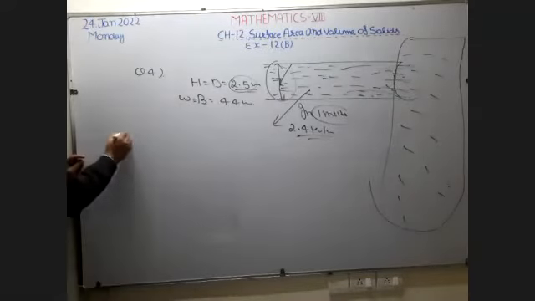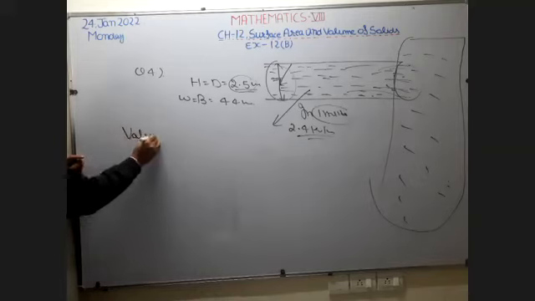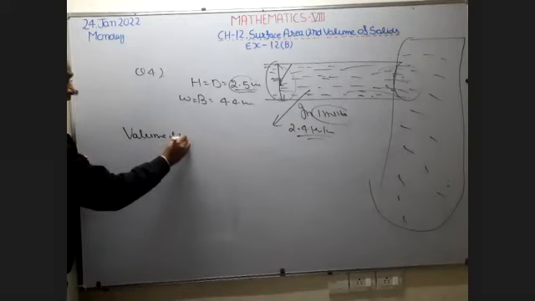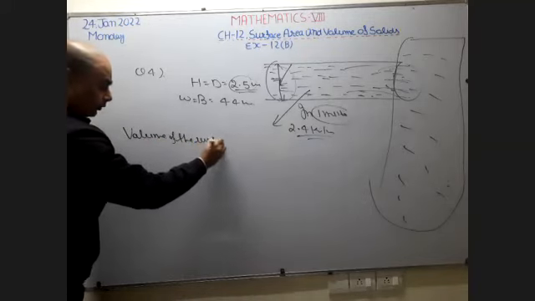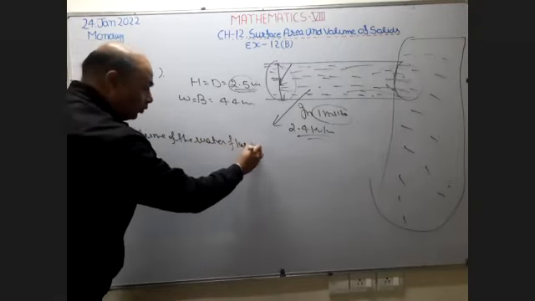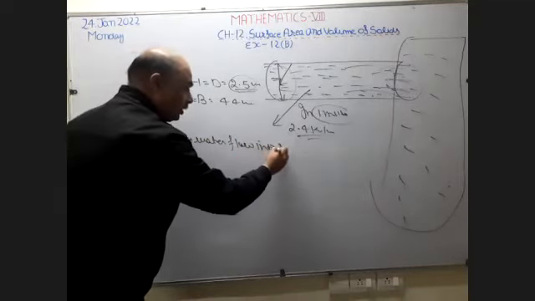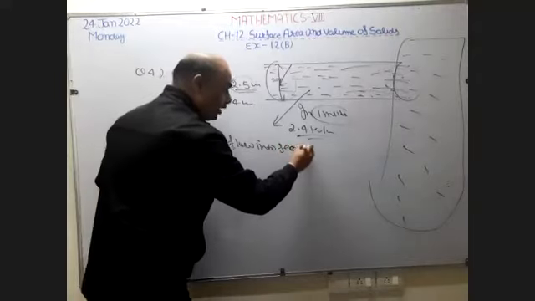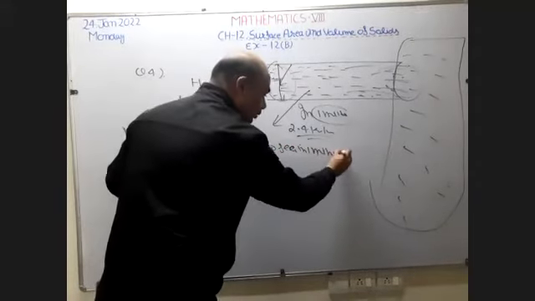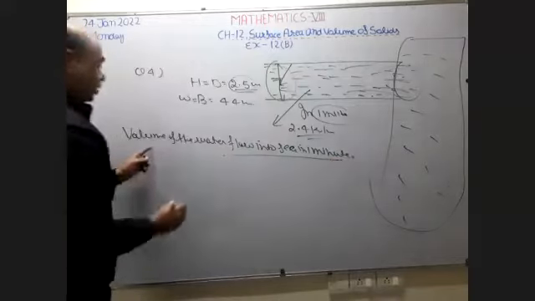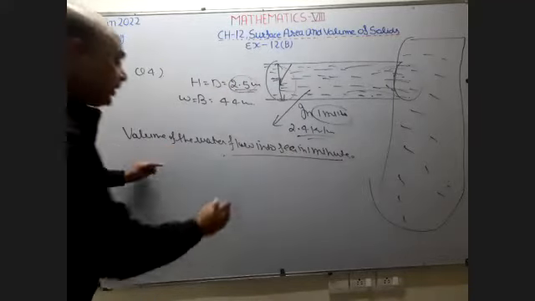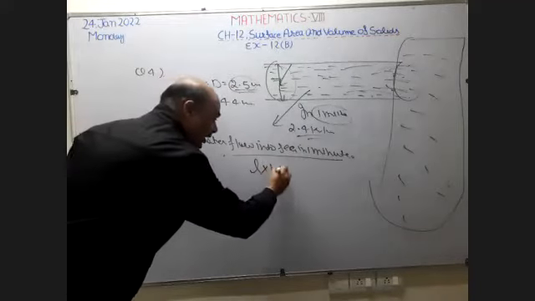So right here, volume of the water flow into the sea in 1 minute. So this is the question. Since this is the shape of a cuboid, the volume of water becomes length multiplied by breadth into height.